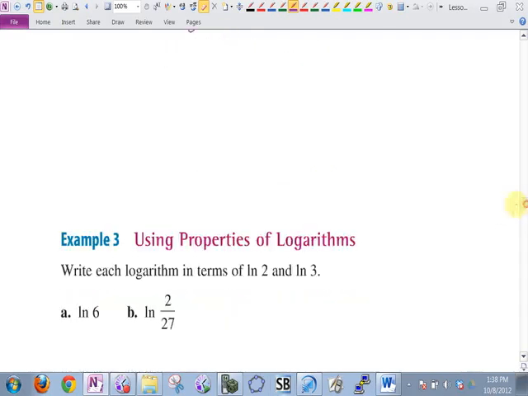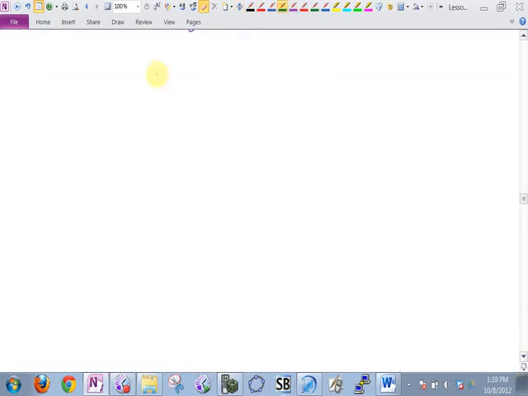Here's another common mistake. I see this a lot. What is the log base 3 of x minus the log base 3 of y cubed? I want to condense that down to a single log expression. That becomes the log base 3 of x divided by y cubed.